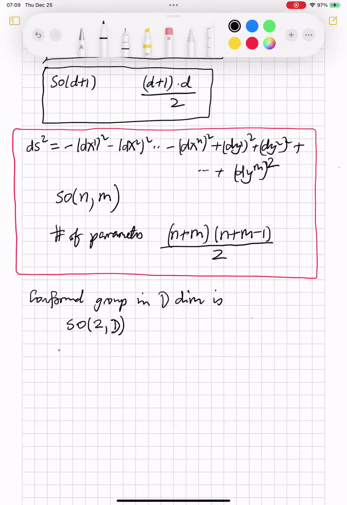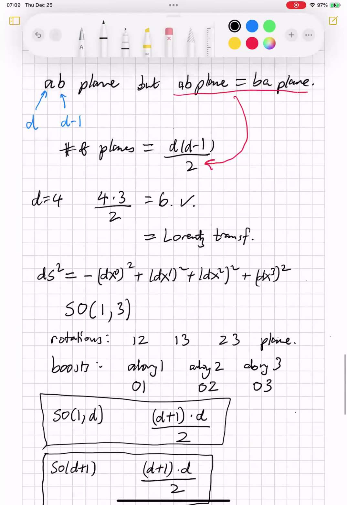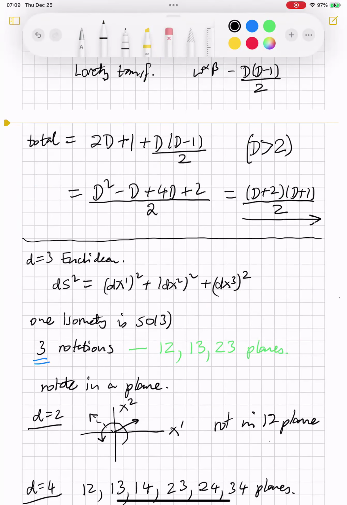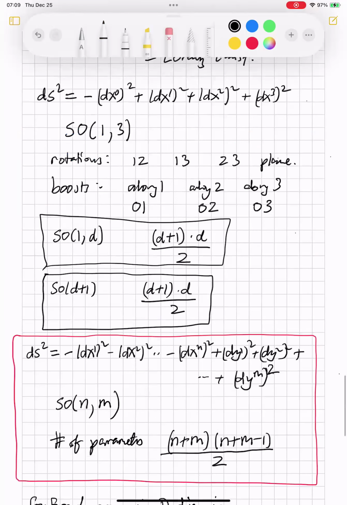So what's the number of parameters? Well, this would be (D+2) times (D+1) over 2. And that matches the number of parameters that we got when we counted the number of parameters in the conformal group. So that's what the conformal group is in D dimensions.